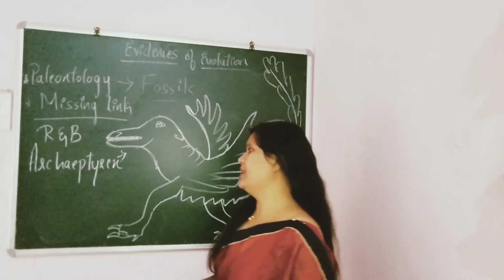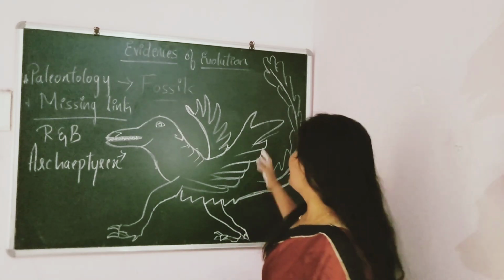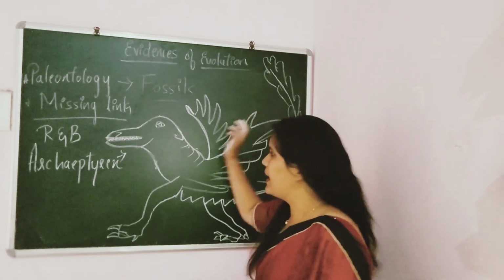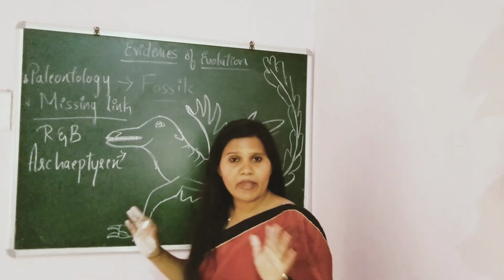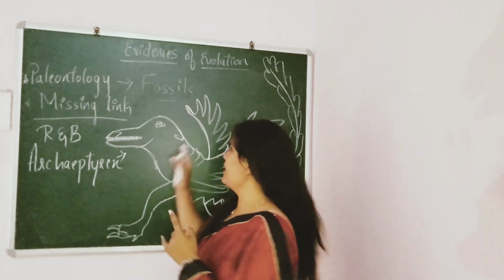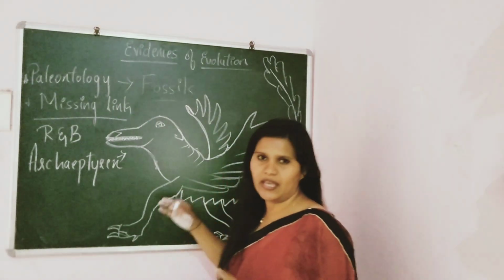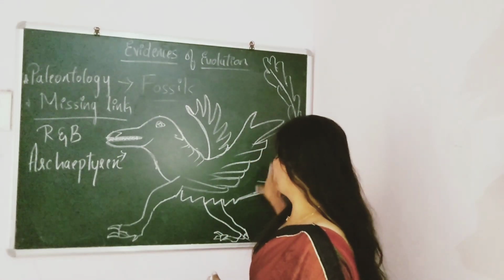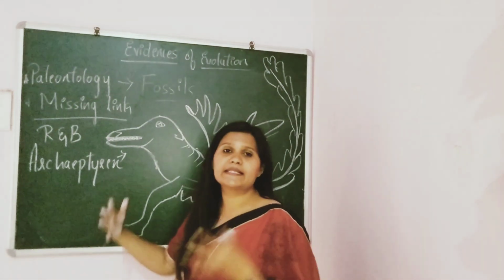How can we tell it? See, have a look at this picture. Can you see it has wings and also a beak? Usually reptiles won't have a beak and wings, right? But actually, this organism's body is a representation of the reptile skeletal system.